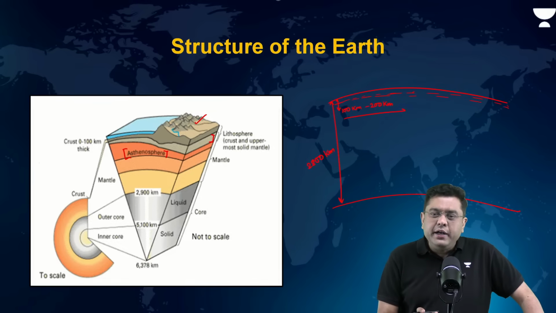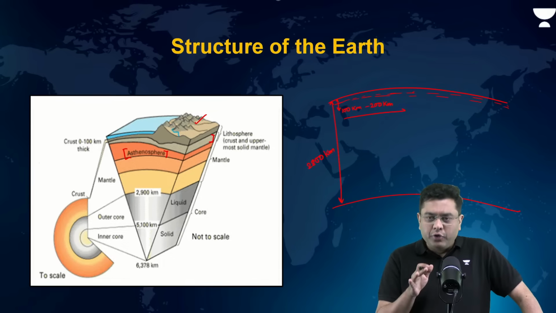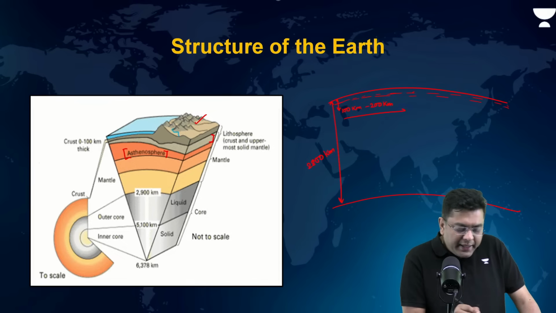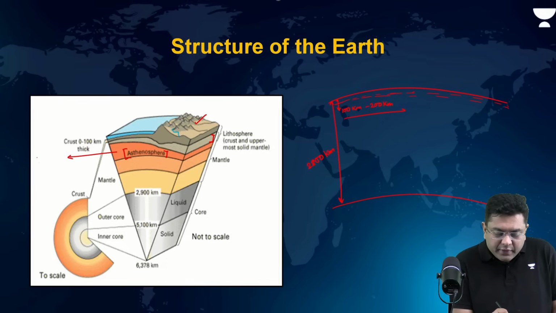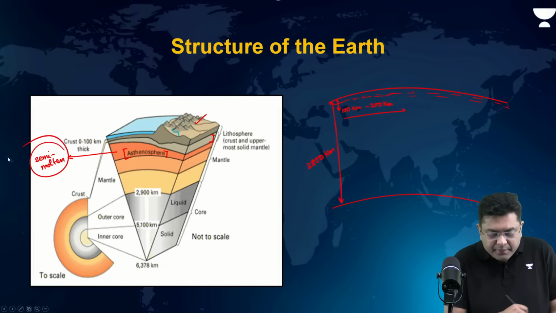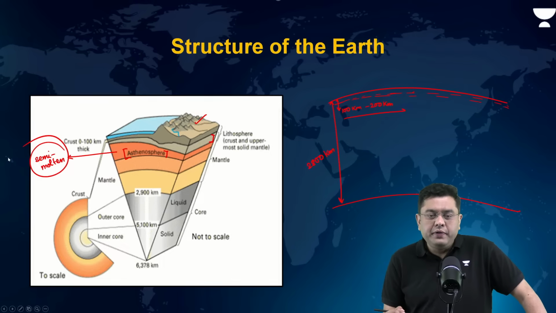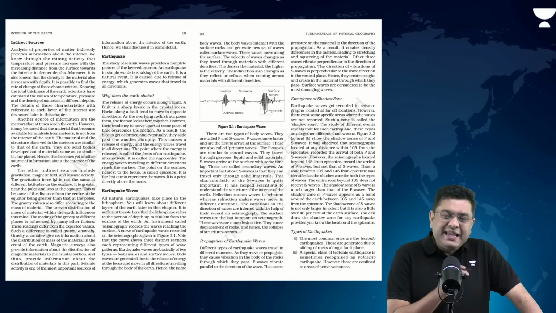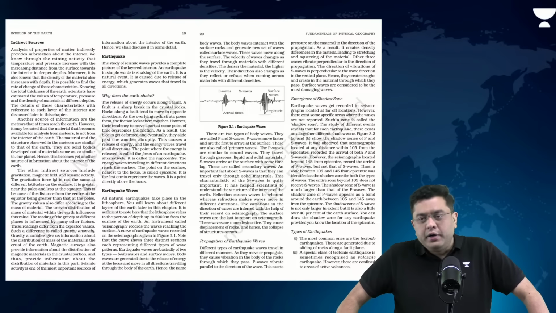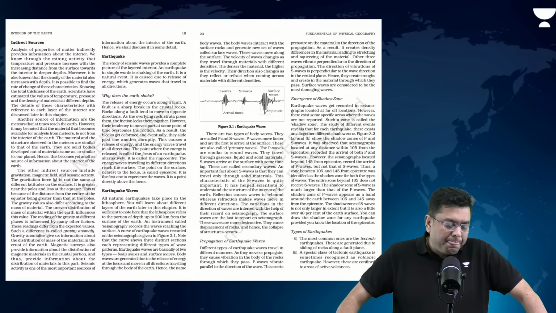So lower mantle is solid, upper mantle is solid. Just in between, asthenosphere is semi molten and semi solid. I hope this is clear. Now, then comes the portion of earthquakes and seismicity.